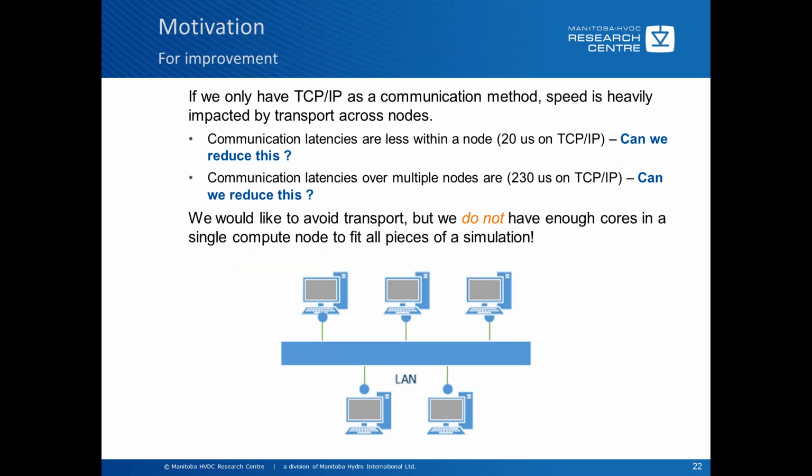We want to be able to have communication latencies that are at least as good as TCP on a single node, and certainly nowhere near the latencies that we see across nodes. But we want to be able to break up the system into as many pieces as possible. This means we just can't fit all the pieces onto a single compute node. This forces us to spread out across a network of multiple computing nodes.